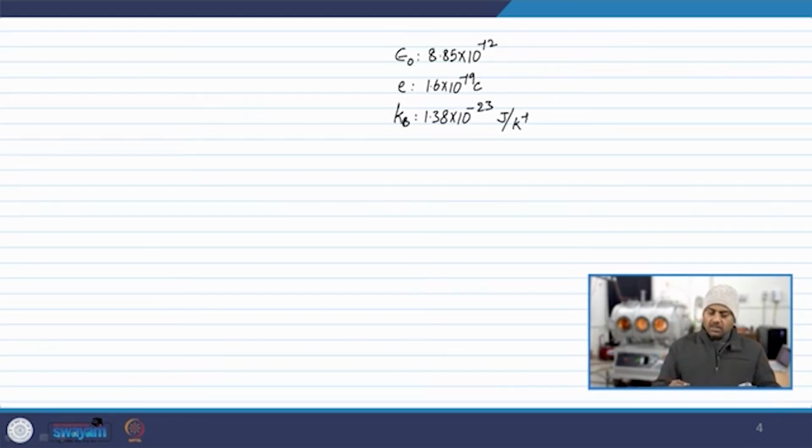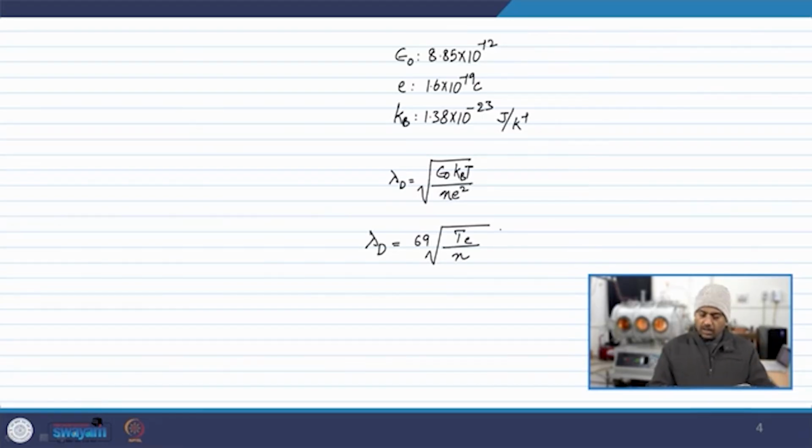So, by substituting all of these into this expression, lambda d is the square root of epsilon naught kBT by n e square. By substituting all of this, we can write lambda d is 69 times the square root of Te by n, as long as the temperature is in units of Kelvin.